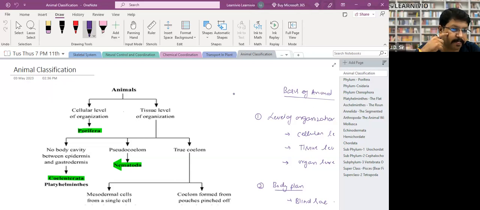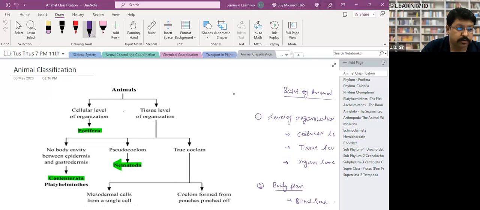For example, xylem is a tissue. Xylem is made up of four kinds of cells: tracheids, vessels, xylem parenchyma, and xylem fiber. All four cells form a group. They work together and perform a single function, that is the transport of water. Is that clear?